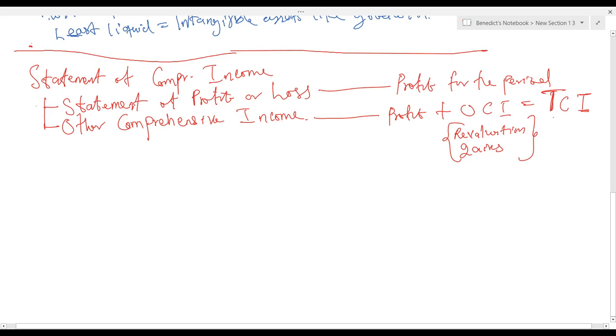However, note that in more advanced levels, you will of course be required to either prepare extracts to other comprehensive income or prepare the full statements including other comprehensive income.